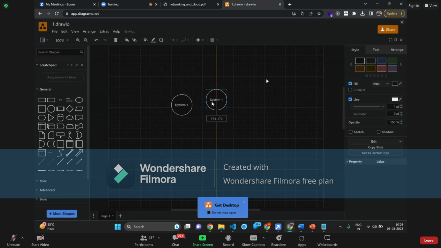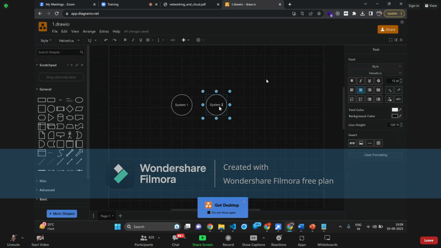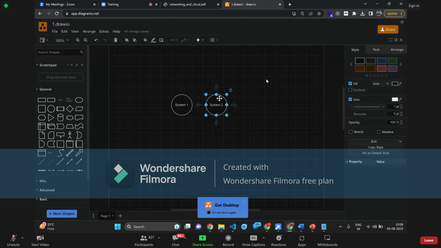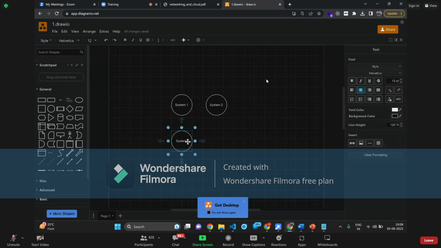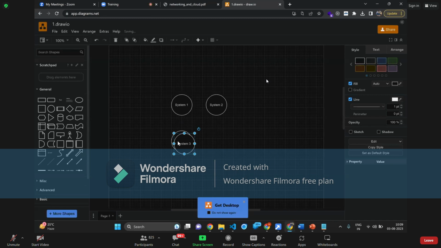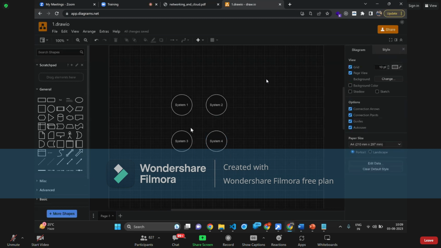This is your system 2, this is your system 3, and this is your system 4. Now imagine there are 4 systems in your lab. Which lab are we discussing here? Let us go for the C lab, everybody has had a C lab, right? So imagine you are in your C language lab in your college, and there are 4 systems.